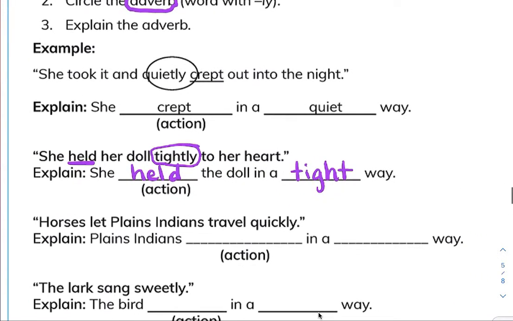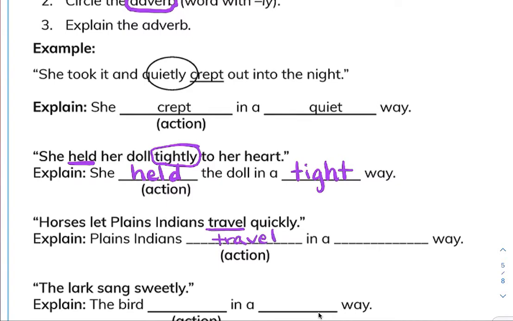Okay, let's read the next one, then I'll pause to give you a chance to try it on your own. Horses let Plains Indians travel quickly. So again, what is the verb or the action? Good. The action is travel. So we're going to underline travel and then write our action on the blank where it says action.